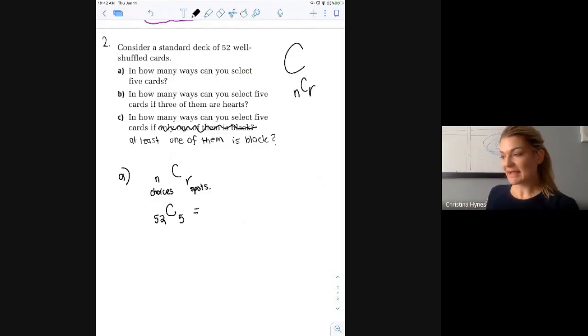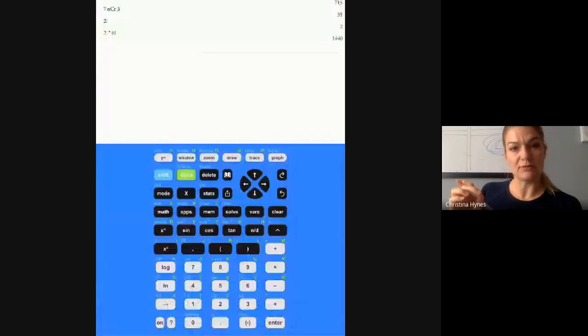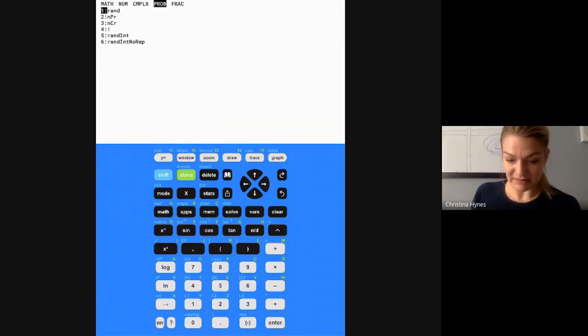In order to put this into your calculator, you're always going to press the N button first. So you're going to go 52. Then I'm going to go math to probability, and then I'm going to choose number 3, which is NCR. Then it's N, choose, then we put 5.